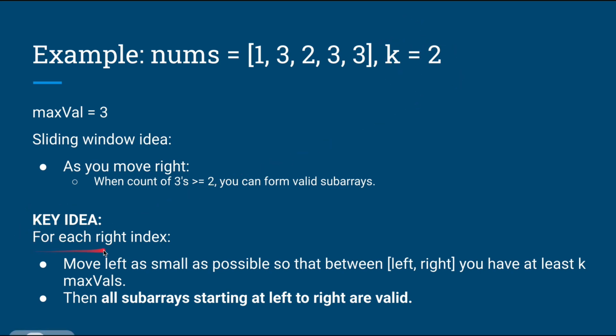So this is your key idea: for each right index, move left as small as possible, so that between left and right you have at least k max values, and then all the subarrays starting from left to right are valid, right?